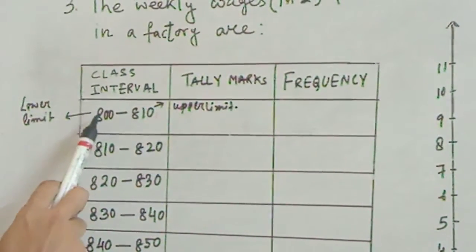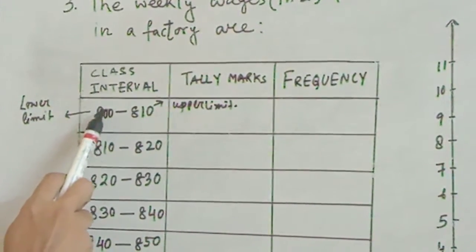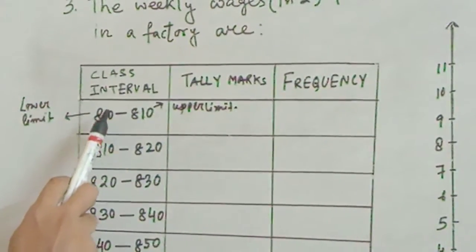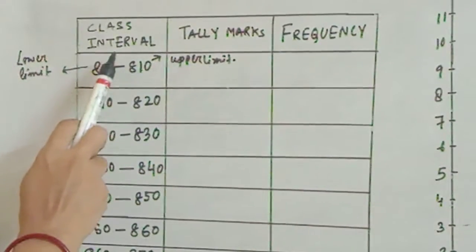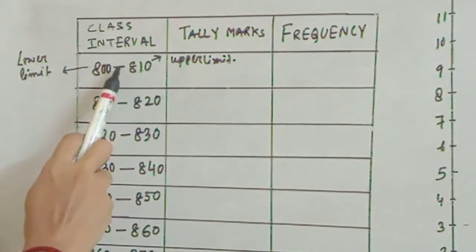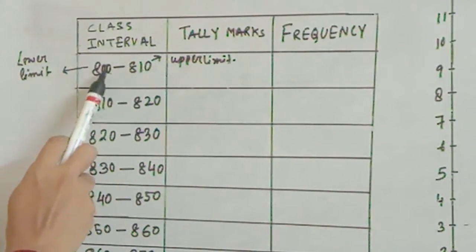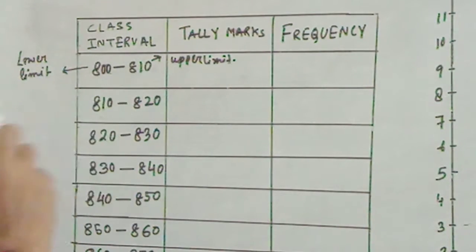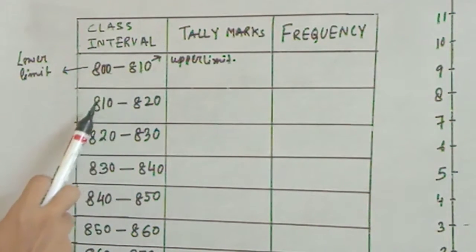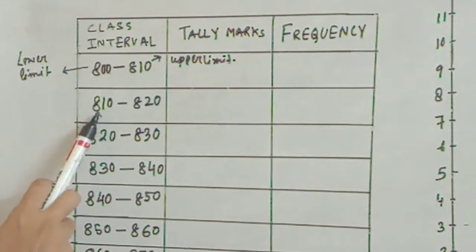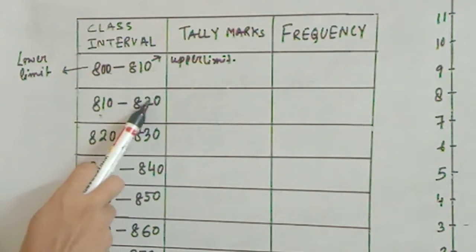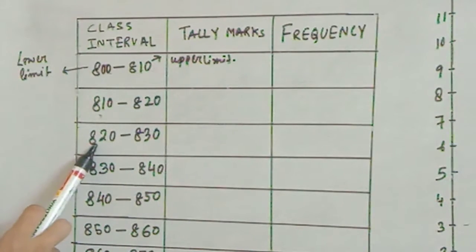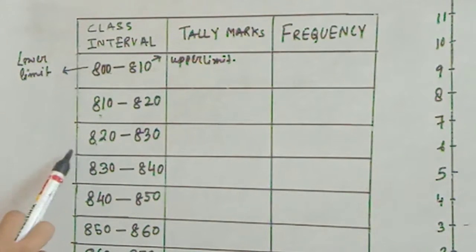So for 800 to 810 we count up to 809, not 810, because 810 will be counted in the second class interval. Similarly, 820 will not be counted here; it will be counted in the third interval. In this way we will count the class intervals.